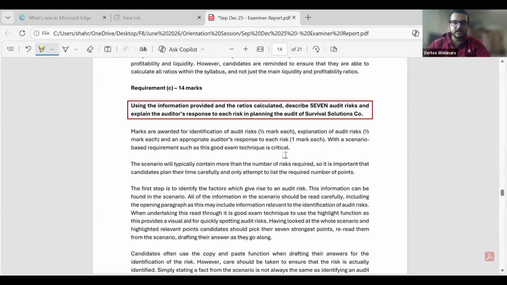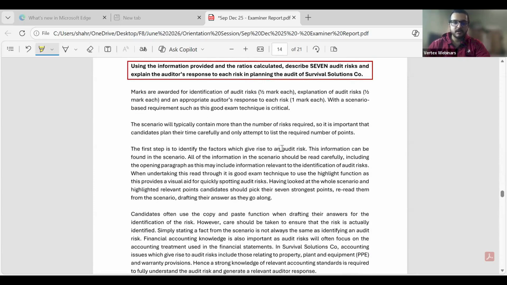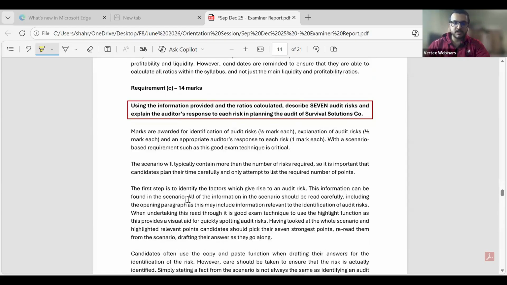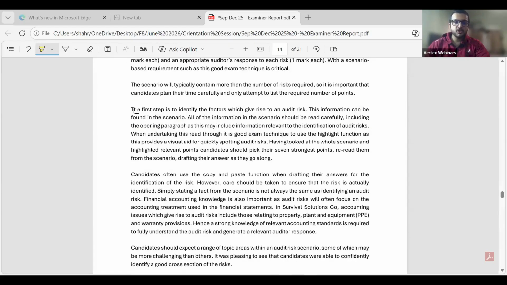What else do we have here? So we have the audit risk question. The first step is to identify the factors which give rise to an audit risk. While undertaking the audit risk reading, it is a good exam technique to use the highlight function in your ACCA examining software. Like I'm highlighting here, you'll have a highlighter.